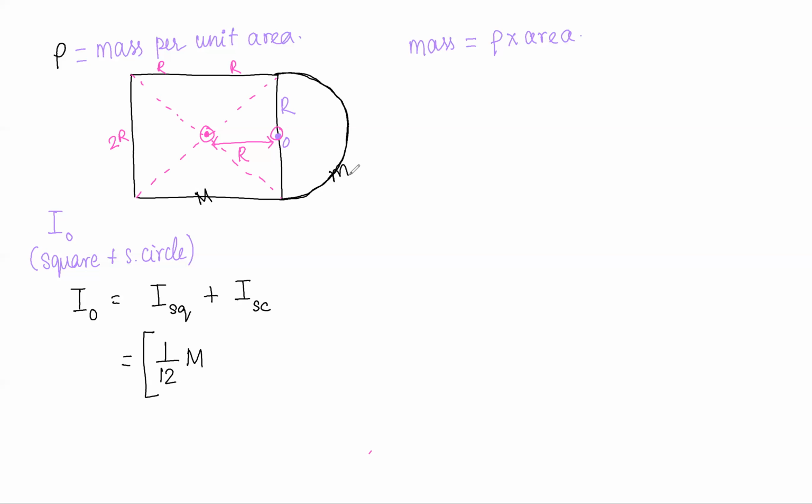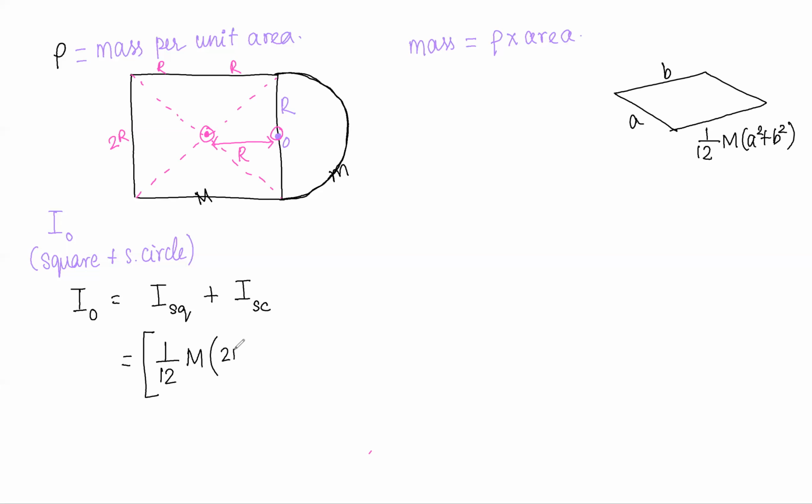The moment of inertia of a rectangular lamina of size A by B is 1 by 12 M times (A square plus B square). So what is A? 2r. What is B? B is also equal to 2r.